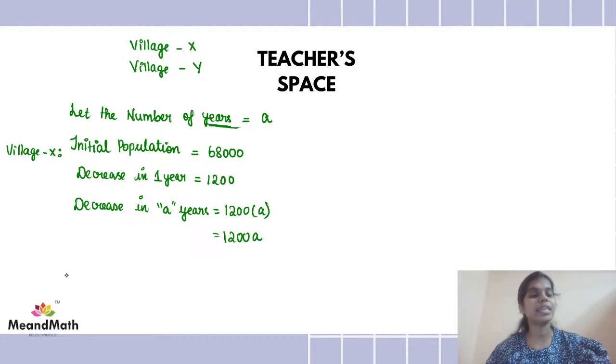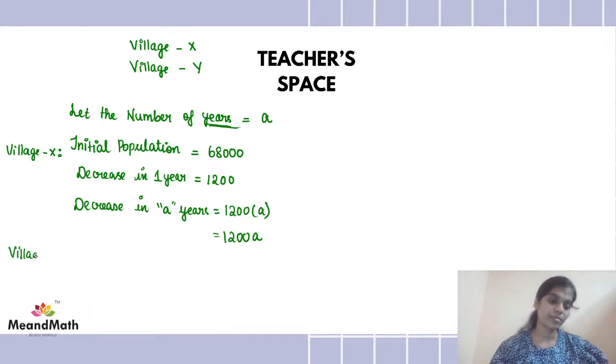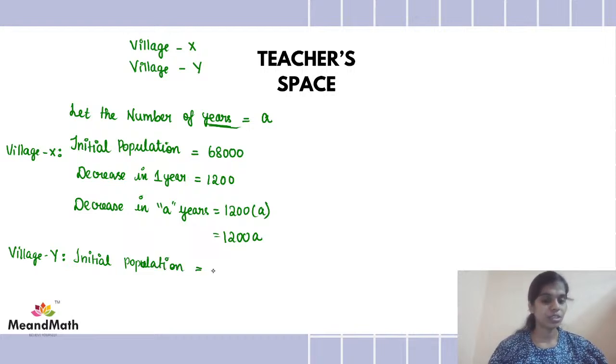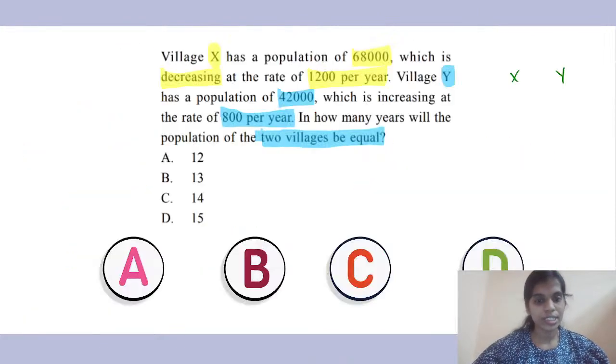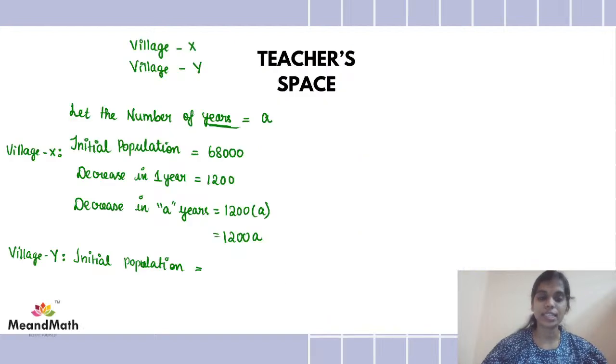Now, similarly, we can take the details of village Y. Village Y. Initial population equals, I think it is 42,000. Yes, and 800 is increasing.